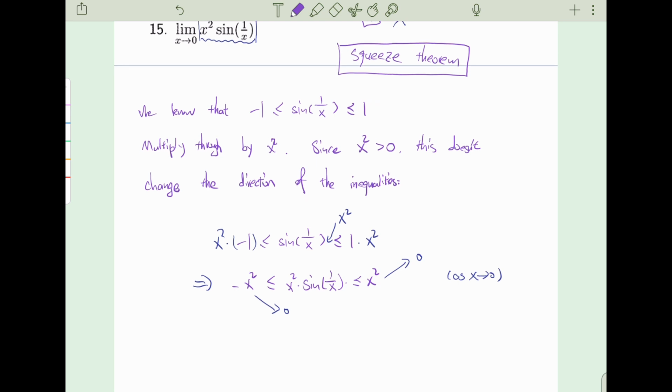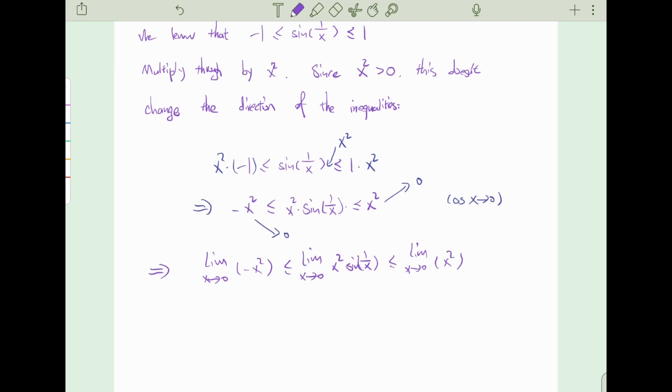So now I can take the limit on both sides. So limit as x goes to 0 of negative x squared is less than the limit as x goes to 0 of this expression, which is less than the limit as x goes to 0 of x squared.